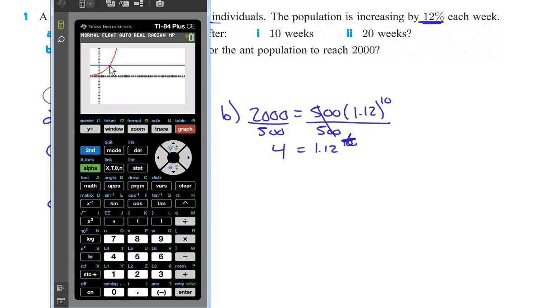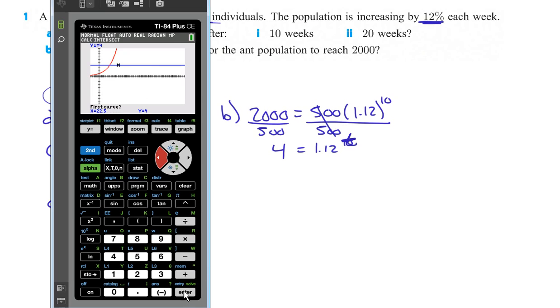It's going to work out because it's intersecting right here. So I'm just going to do second trace, which is calculate, and find the intersection. It says we want it to be with this curve. First I'm going to move it over a little bit closer, so it doesn't have to think as much.